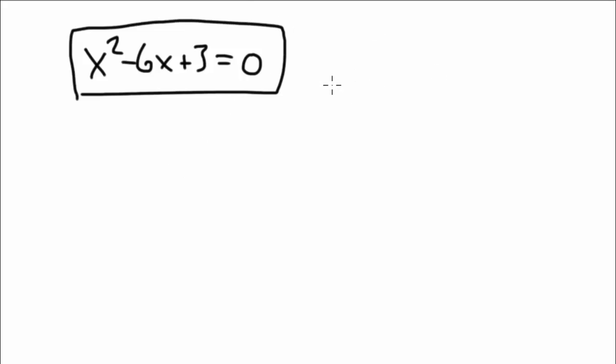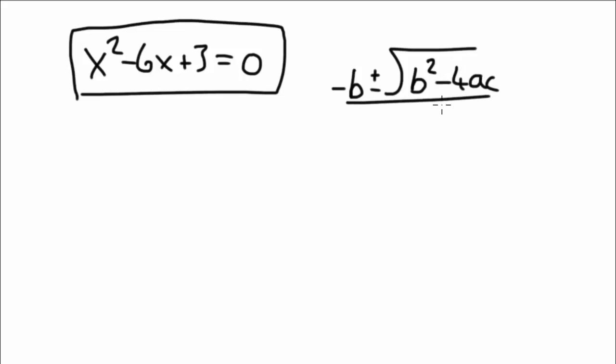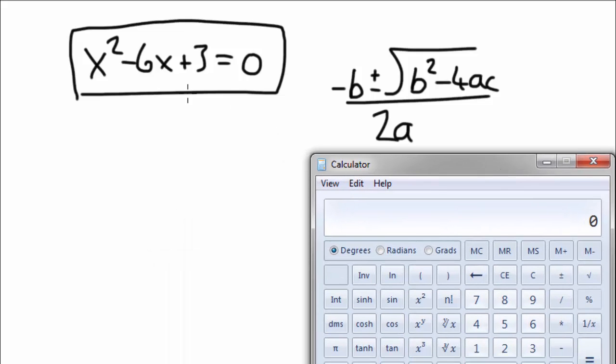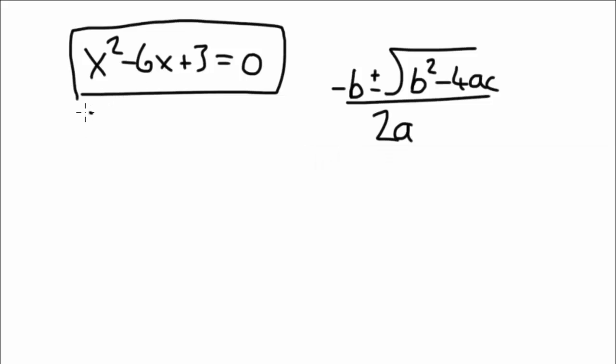I think it is x equals minus b plus or minus the square root of b squared minus 4ac, divide that by 2a. Hopefully that's correct. So what we then do is just put these values in: a equals 1, b equals -6, c equals 3.